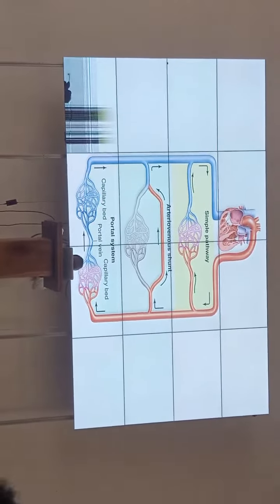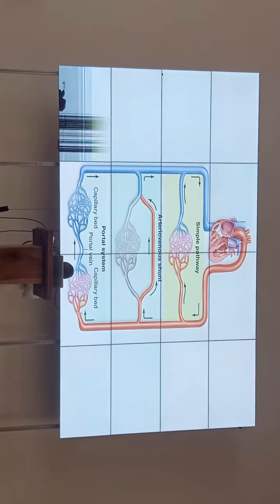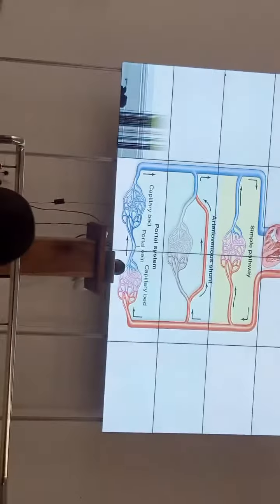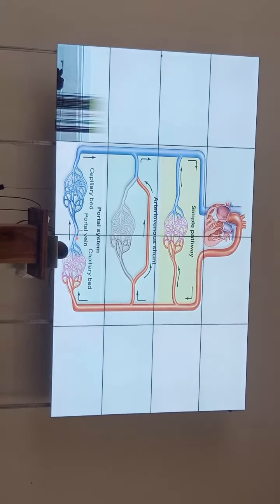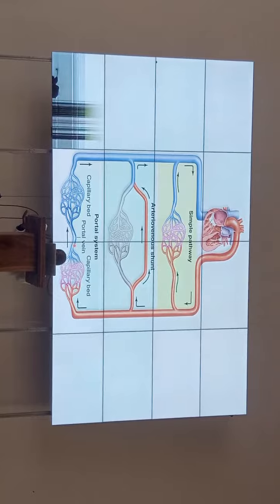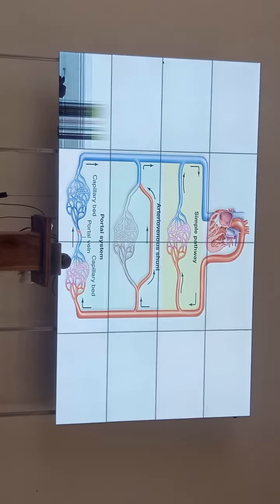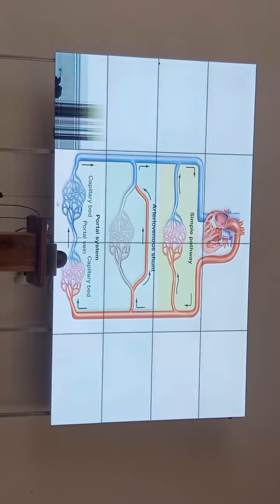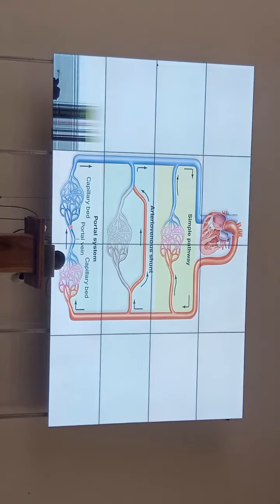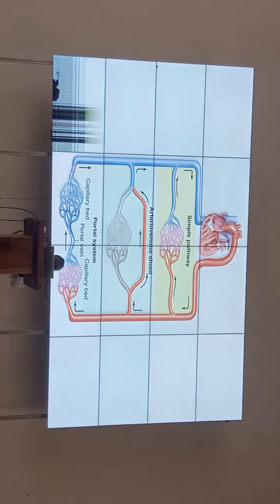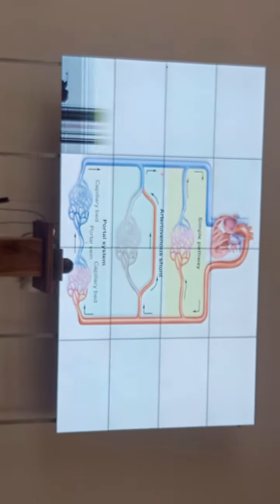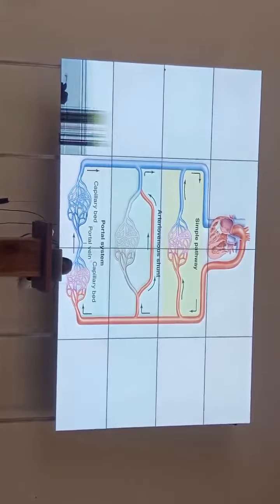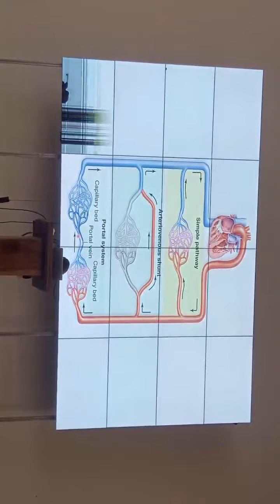So here we have the liver, here the intestines. Are you following me, guys? A capillary bed in the intestines, drained by the portal vein. We all know the hepatic portal vein, isn't it? Yes. When it goes into the liver, what does it do? Branches off into another capillary network. And from that capillary network, that blood then goes into the venous system, into the inferior vena cava, back to the heart. So that is one site where we find a portal system.